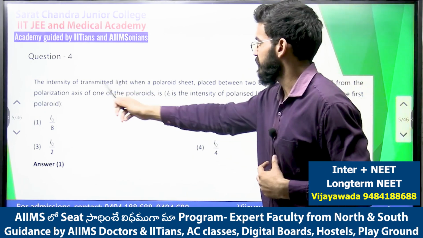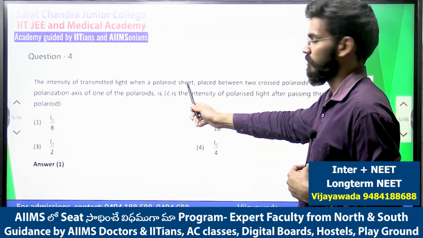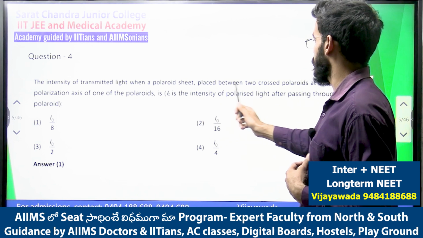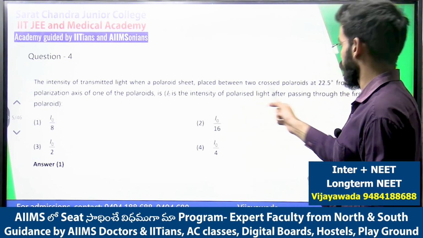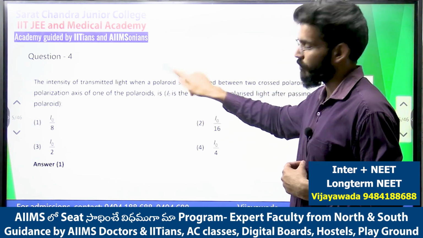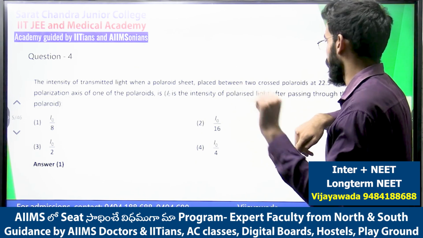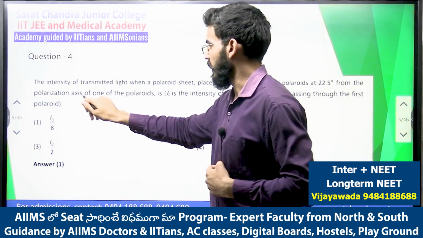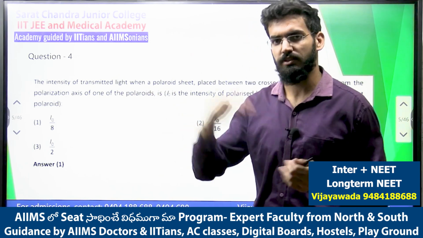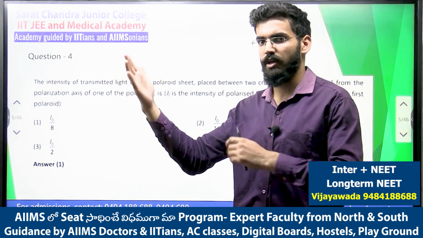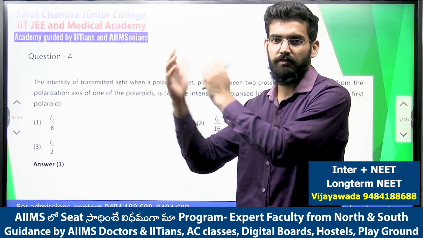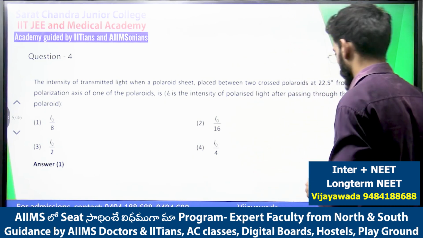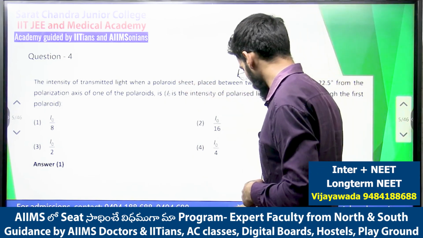So two crossed polaroids are there, and you placed a polaroid sheet also. So in total 3 are there, at a 22.5 degree angle from the polarization axis of one of the polaroids. So from the first polaroid you place your polarized sheet at 22.5 degrees. Now understand this question.